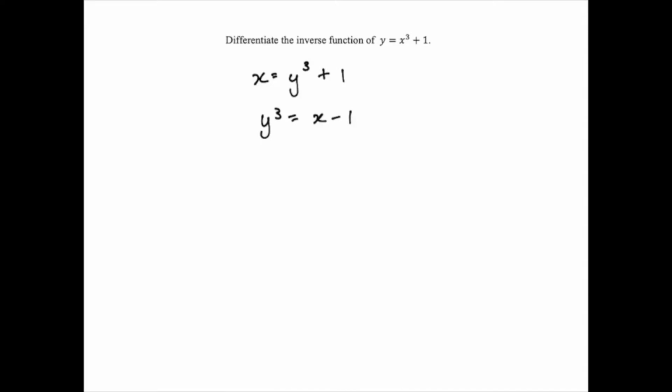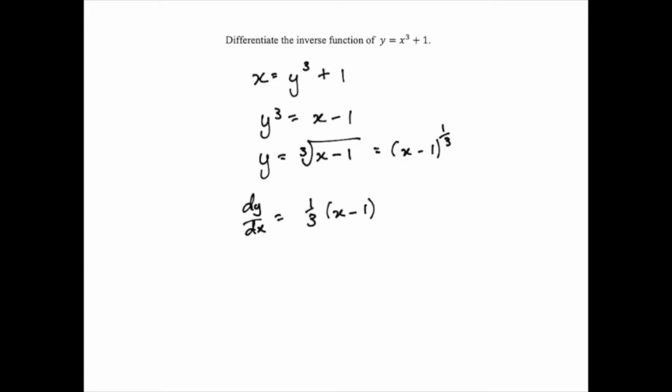So I can subtract 1 from both sides, do the cubed root. Now I might want to write that as x minus 1 to the power of 1/3, and now I can find dy dx. So of course this will be a chain rule, 1/3 drops down, x minus 1, the derivative of that is 1, so that's not going to change that. 1/3 minus 1 is negative 2/3.